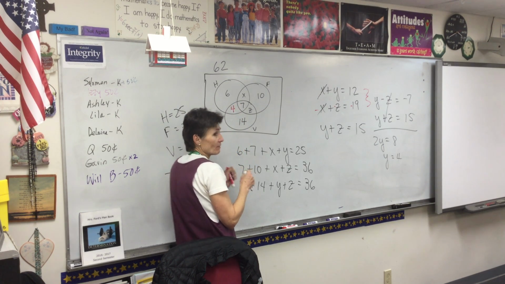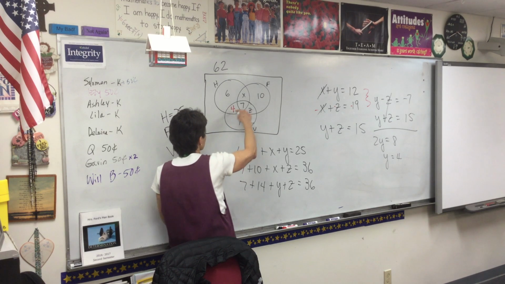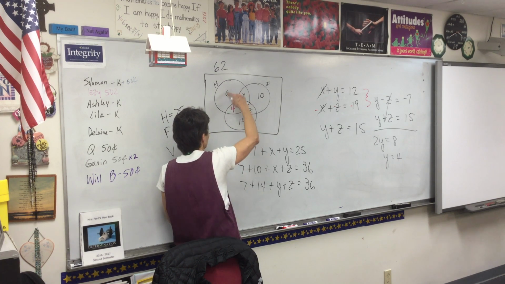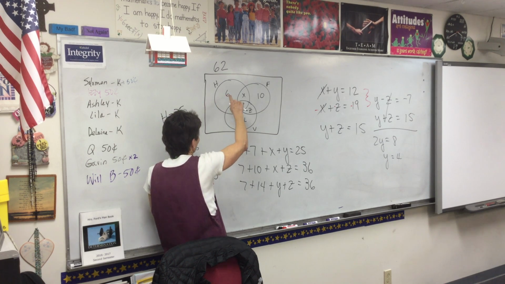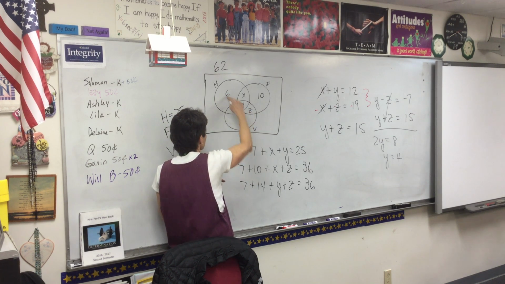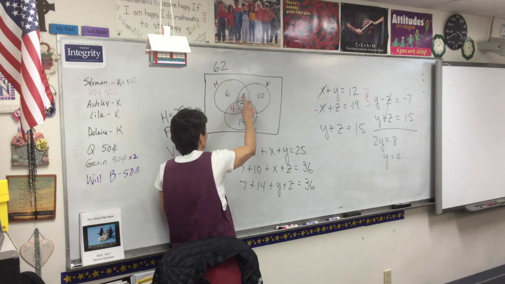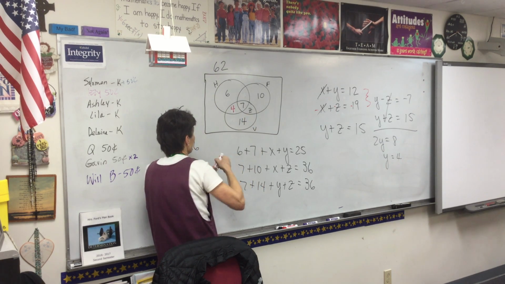And I think I can figure everything out then, because this whole ball, the H ball, had to add up to 25. Well, now I have 17 right here, so this has to be 8.